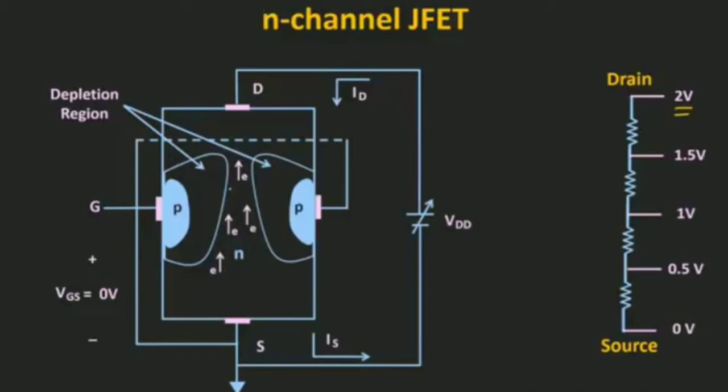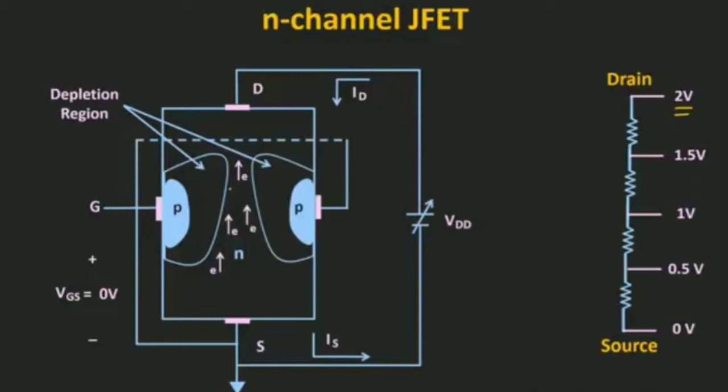This N-channel can be modeled as a series of distributed resistors between the drain and the source. Whenever this drain current ID flows, there will be a voltage drop across each resistor. Let's say the voltage at the top end is equal to 2 volt. As we move towards the source terminal, there will be a voltage drop across each resistor, and due to that, the upper region of the P-type material will be more reverse biased compared to the lower region.